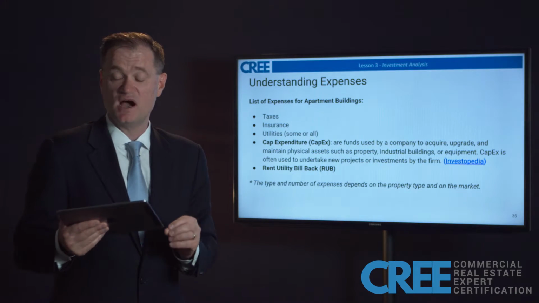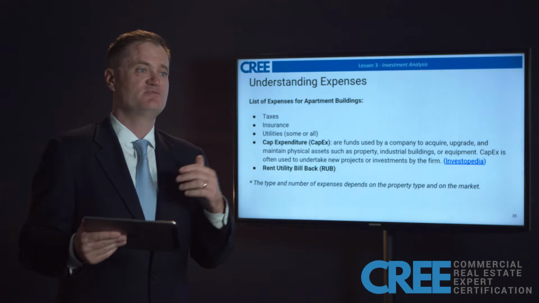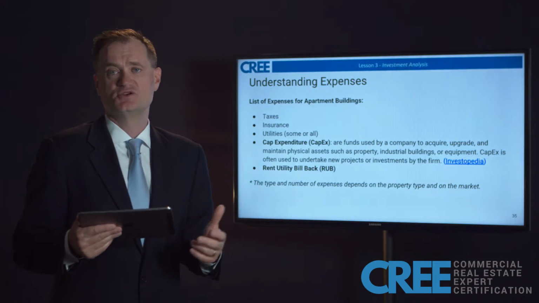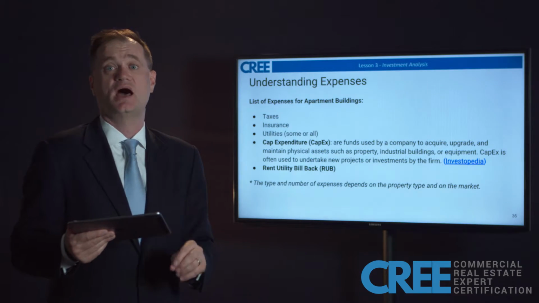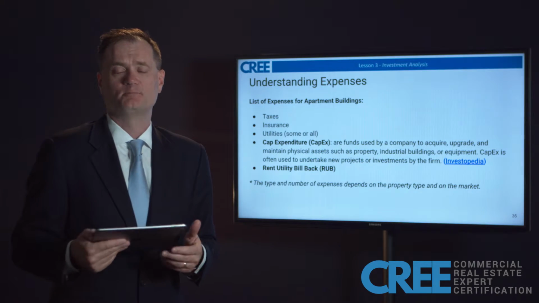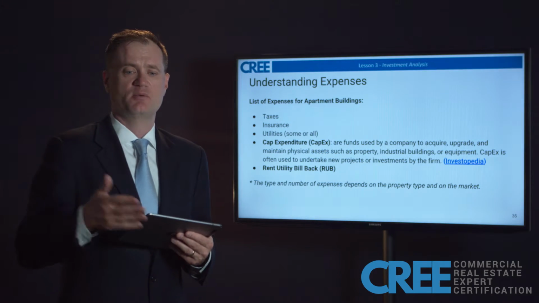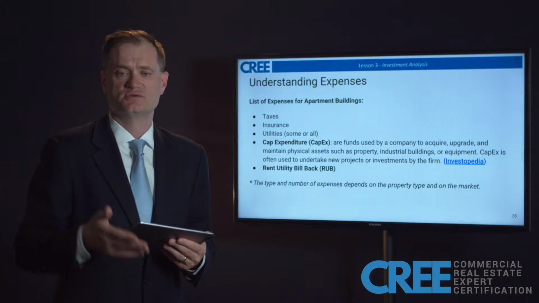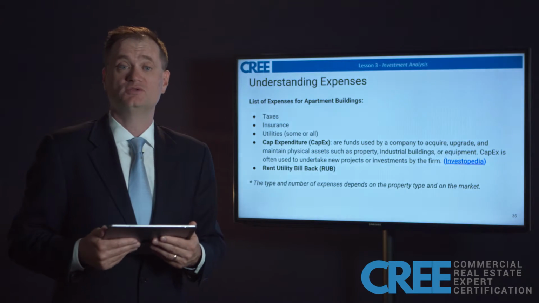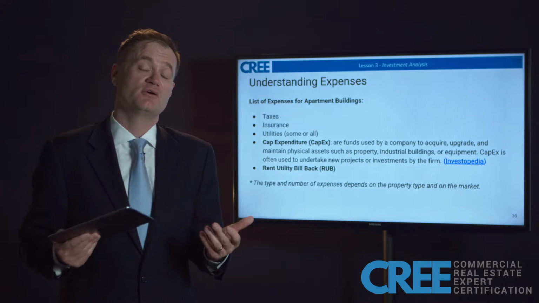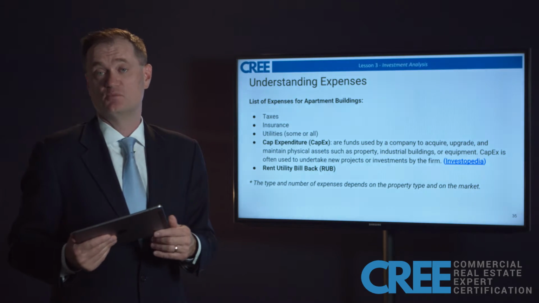Capital expenditures, as we've talked about, are funds used to upgrade main physical assets: roofs, large major items. Those are not a typical expense. Those are below the NOI line, so we want to make sure that we pull those out. Now, if an old 70s apartment building is replacing washers and dryers and dishwashers every other month, those are capital expenditures, but because the building's so old, that's a common occurrence, and we're seeing that year in and year out, then I would say that those are typical expenses because of the age of the property.